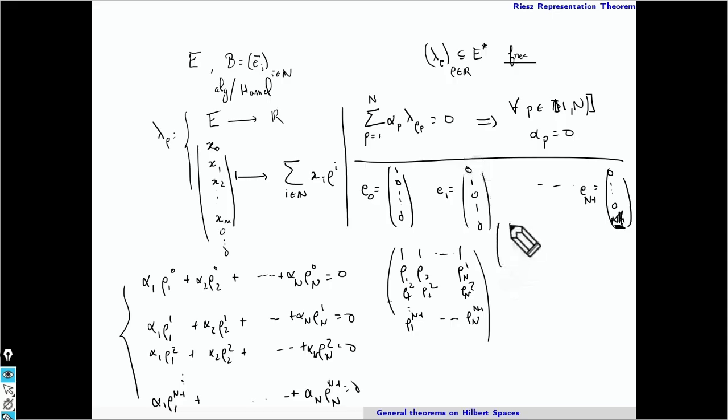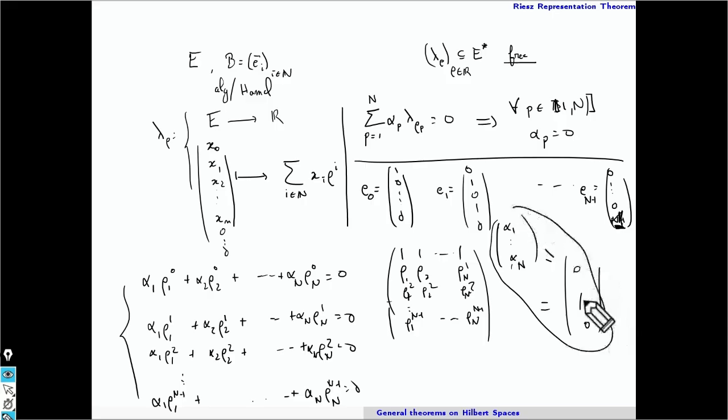Evaluated on the vector alpha 1, alpha 2, alpha n equals 0, 0, 0. We recognize the Vandermonde matrix, and so for different parameters, this matrix is invertible. The determinant is non-zero, so the kernel is reduced to 0. It means that all the coefficients are reduced to 0.